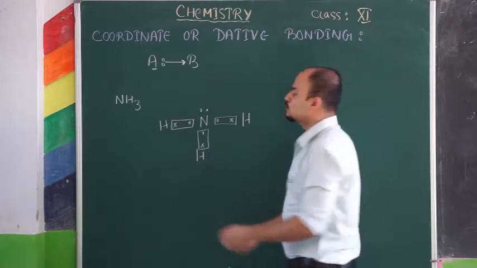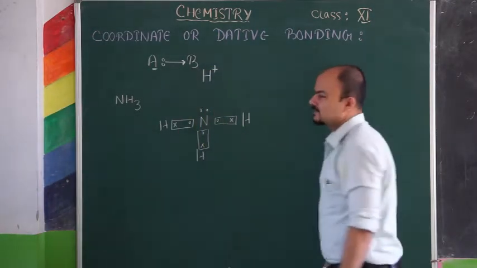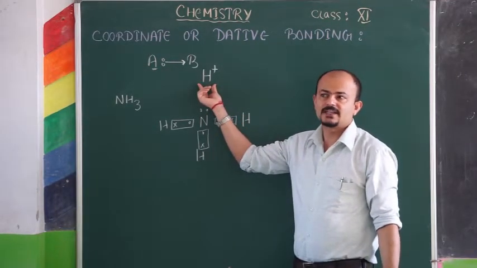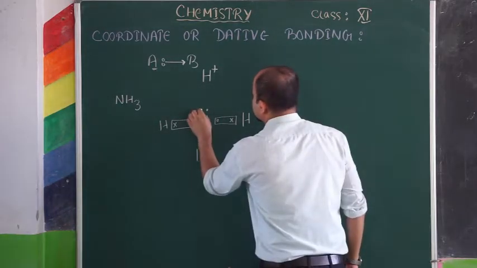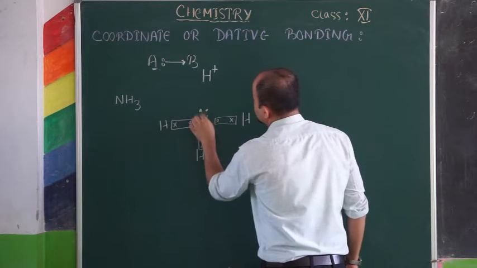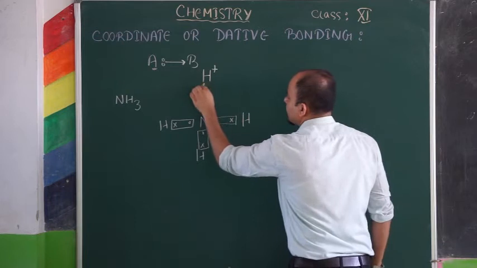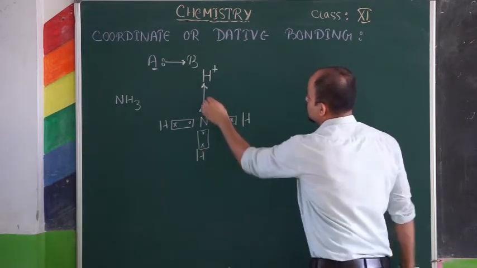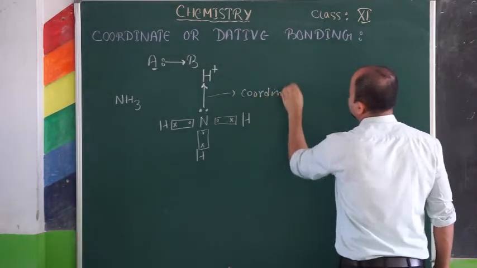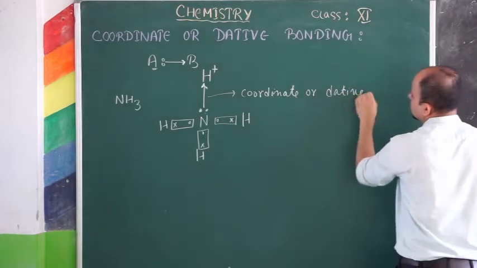Whenever you have a proton, H plus ion, which is deficient in electrons, that means it doesn't have any electron, then in the formation of the ammonium ion this lone pair over nitrogen will be donated to the H plus ion, and this bond is known as a coordinate or dative bond.